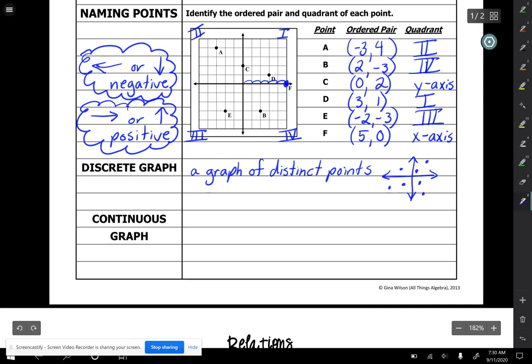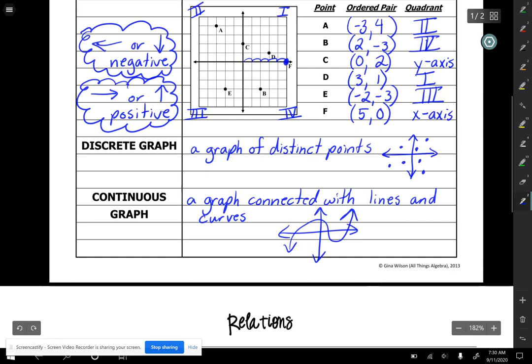Okay, they could just be all over the place. And then a continuous graph is a graph connected with lines and curves. And it could look like a line. It could look like a squiggly line. There are tons of possibilities.